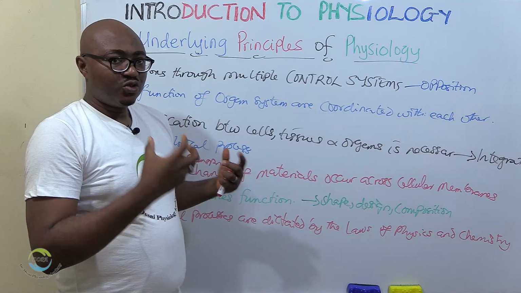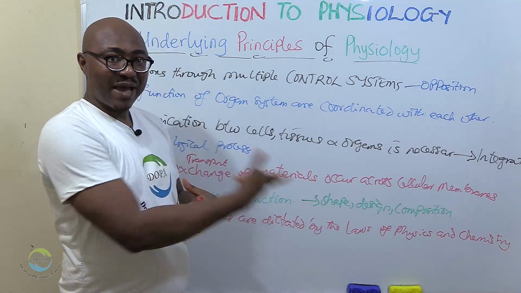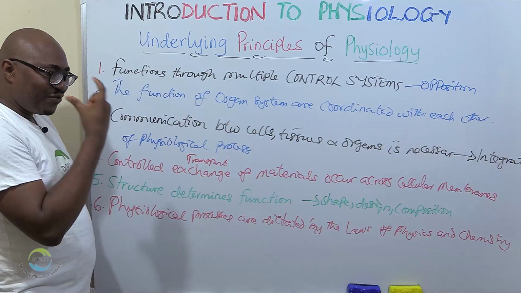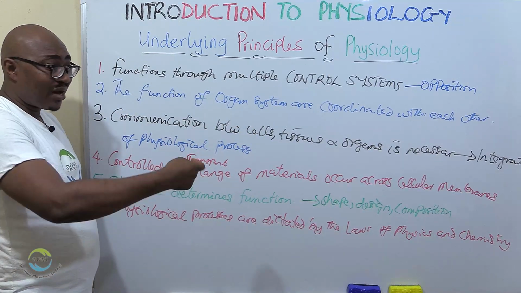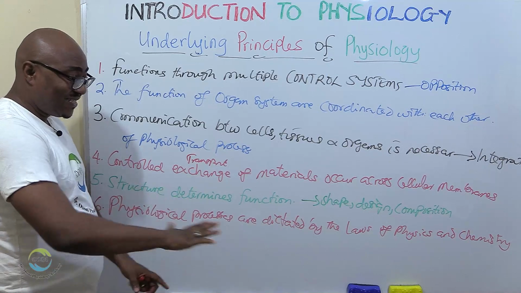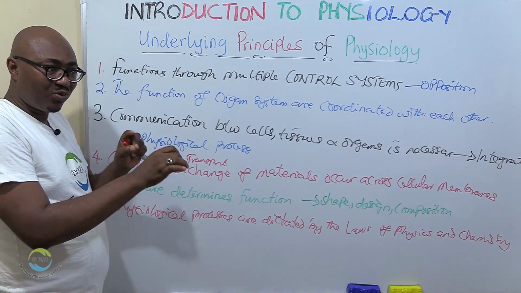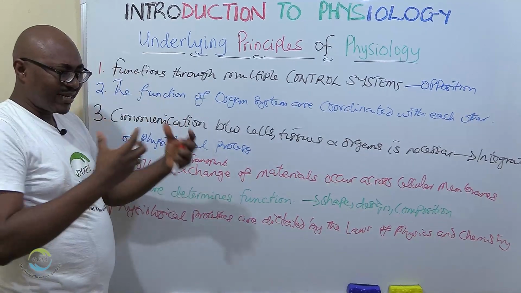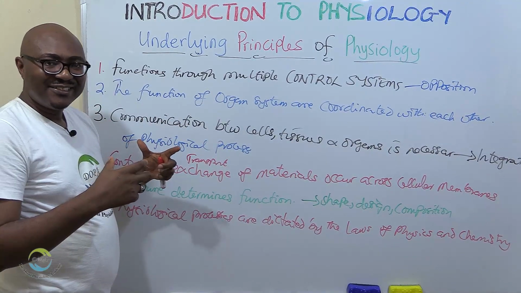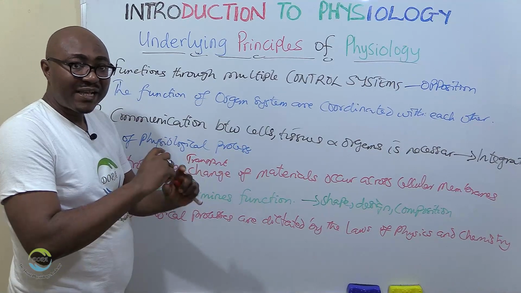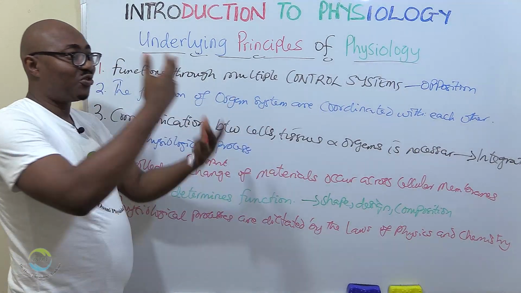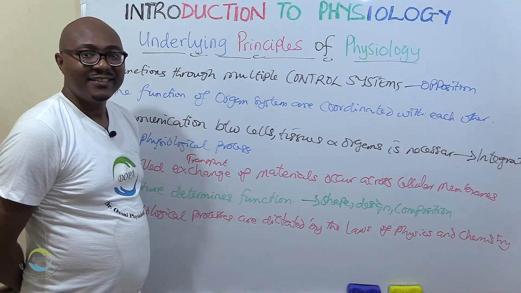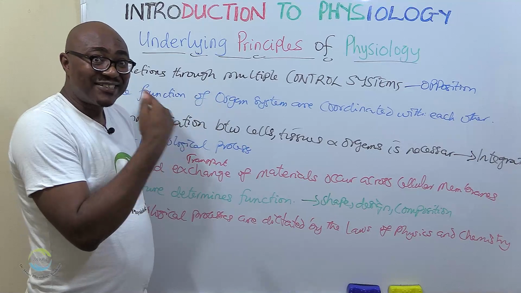Okay? So an understanding of physics, chemistry, biochemistry, biophysics, and all those things, it helps to give you insight into how things function. So at the basic level, call it molecular level, this is what happens. Forces, energy. You need to understand energy, forces join together to power chemical reactions that now result in all the functions you see. For you to see like this, chemical reaction is taking place.